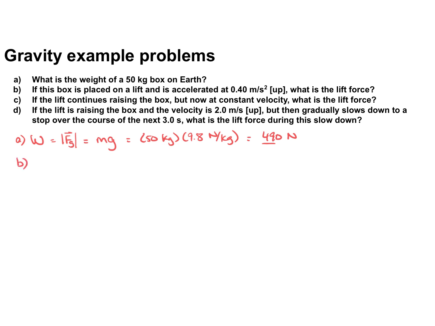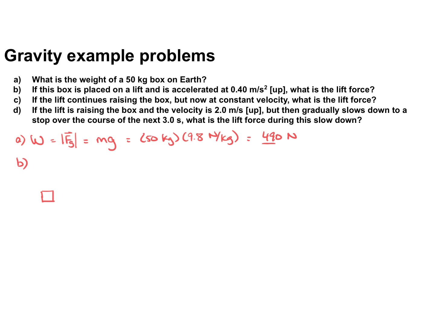B, if this box is placed on a lift and is accelerated at 0.40 meters per second squared up, what is the lift force? Okay, so this is more complex, a lot more complex actually. So to do this, I'm going to draw a free body diagram to help me out. So this will be my box. What forces are acting on this box?